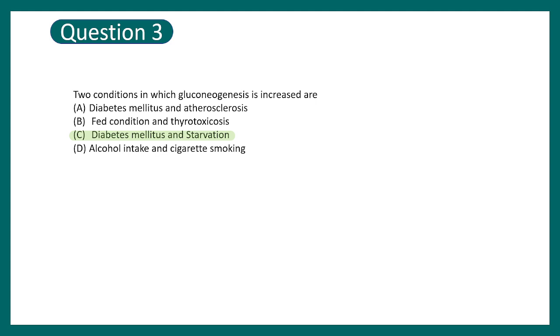Several other components like amino acids and Krebs cycle intermediates get converted to glucose in the tissues. And in a starved situation, when there is a need of glucose, other stuff like amino acids and intermediates of the Krebs cycle would provide glucose in order to provide energy. That is why starvation and diabetes is the correct answer.